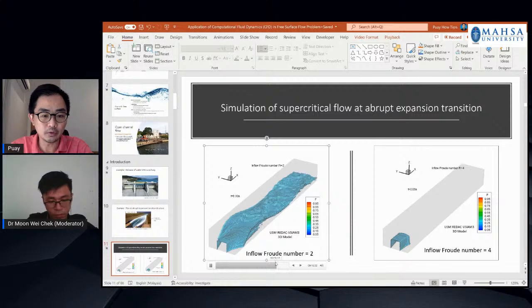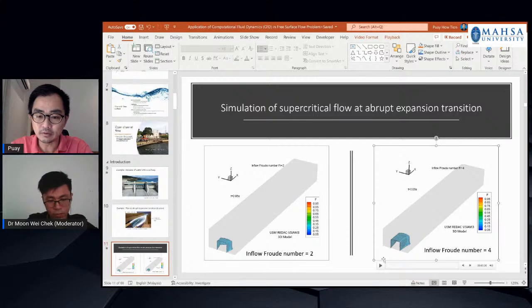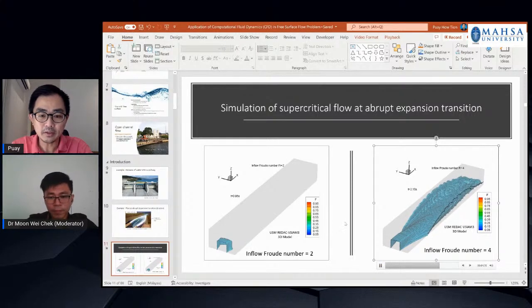So you can see for Froude number two, the impingement point is somewhere here. And if we increase to Froude number four, you can compare with Froude number two, it's slightly downstream here. So by using this model, we can predict and reproduce the shock wave, and the impingement point can be known before construction.